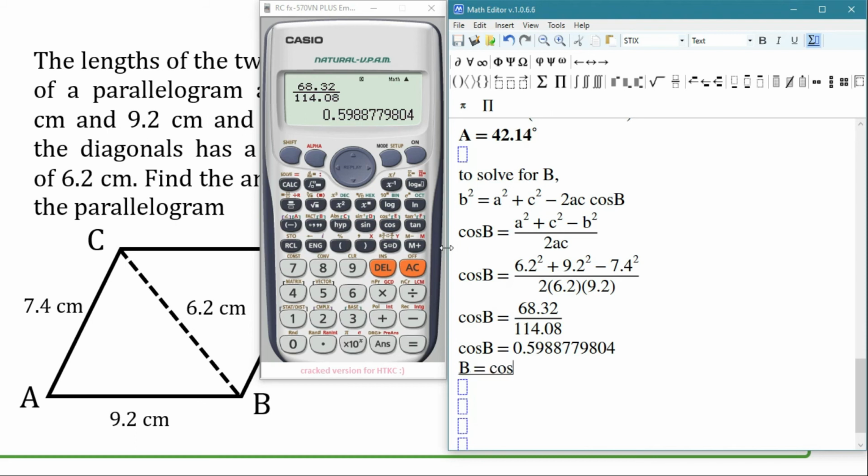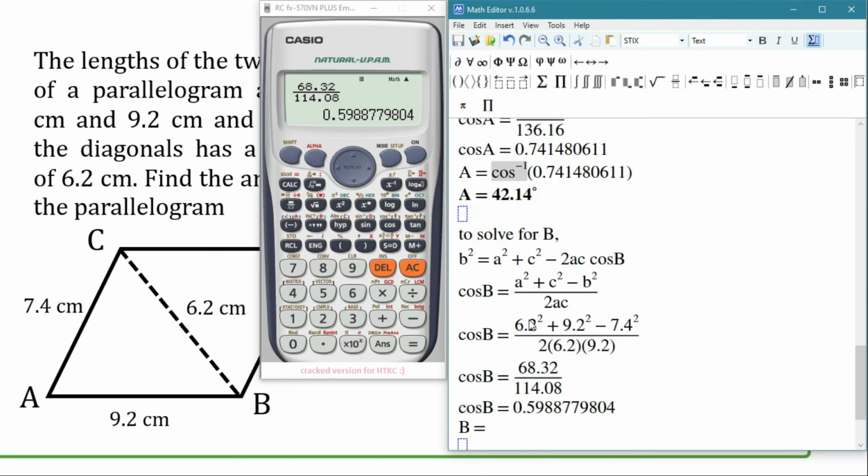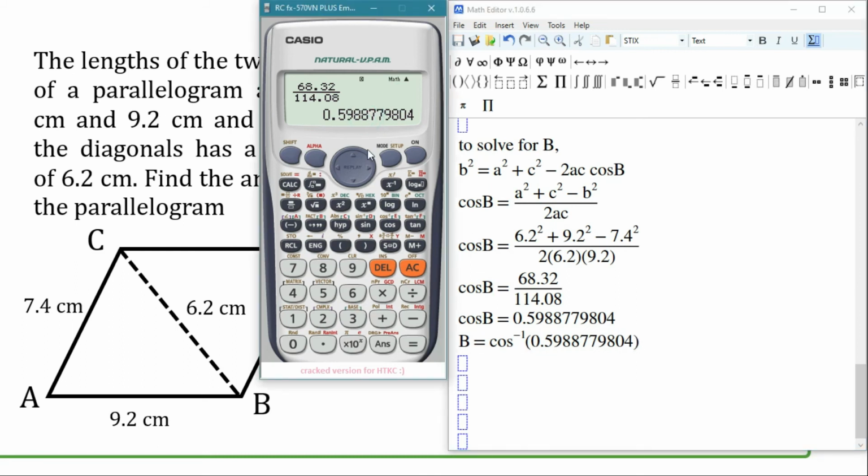the cosine raised to negative 1 of the value we have obtained. Alright, wag muna nating i-reset yung nasa calculator.